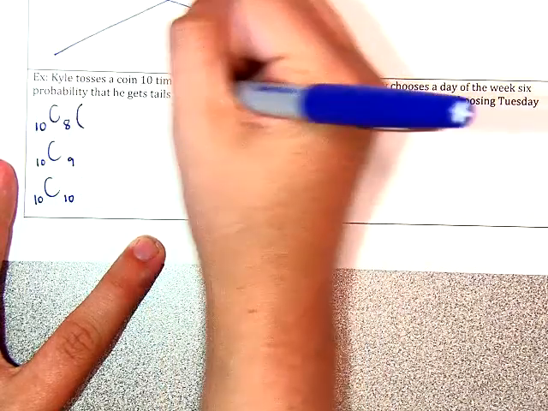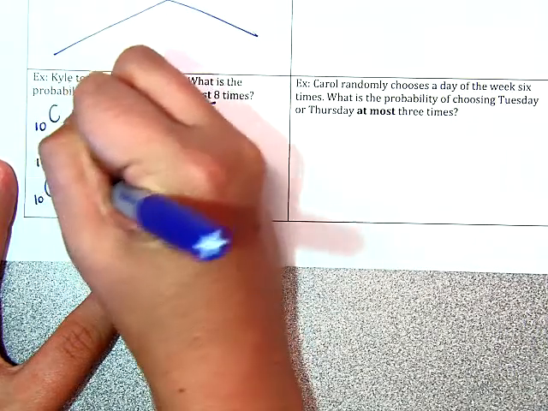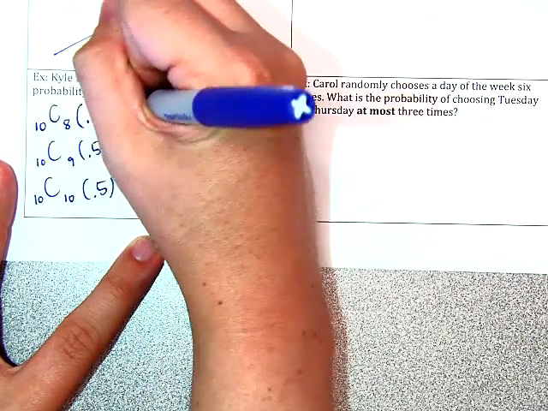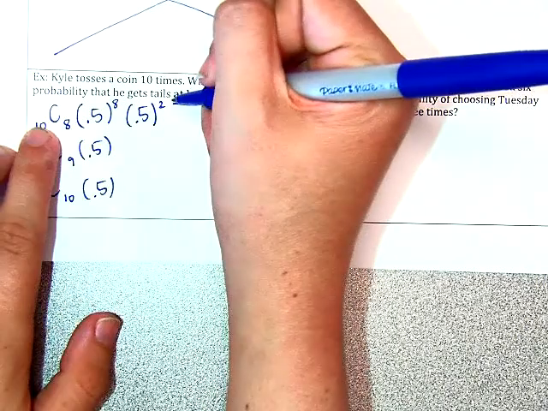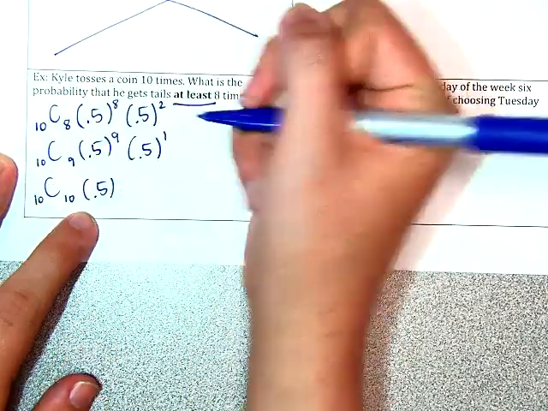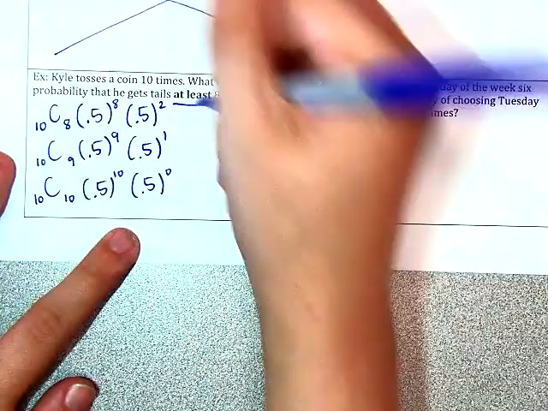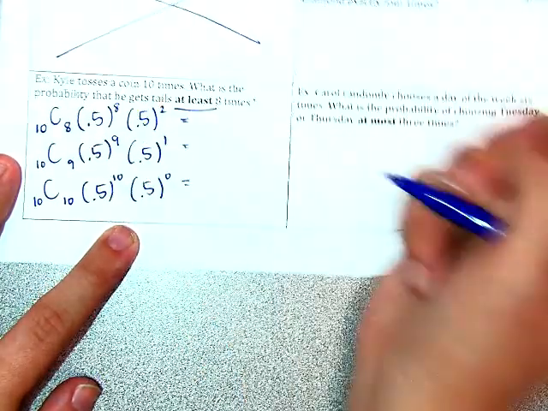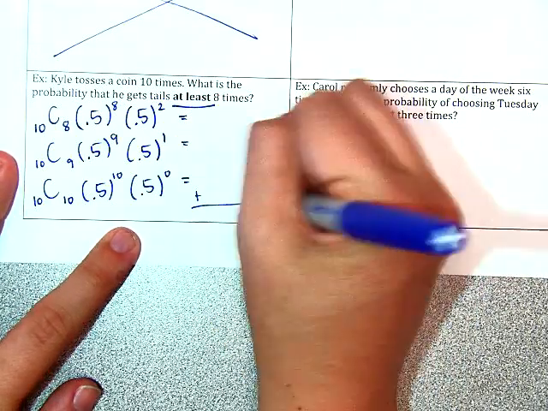My probability of getting tails is 50%. For this one, I want 8 successes, and then 2 failures. 9 successes, 1 failure. 10 successes, 0 failures. I'm going to find all 3 decimals here, plug them into your calculator, and then add them together.